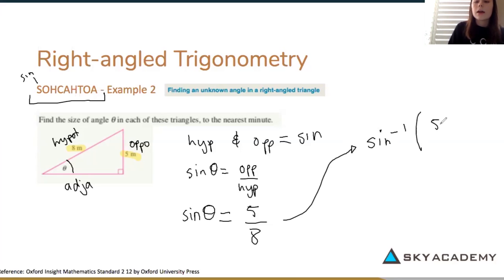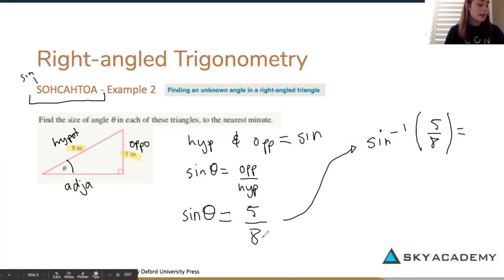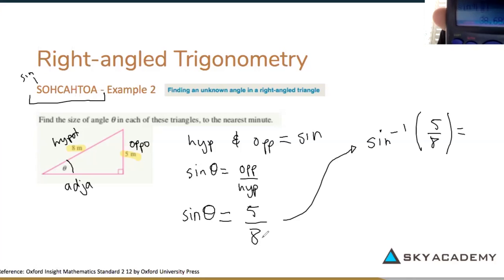Some of you, your school might teach you to do this, sine theta equals 5/8, and then press shift sine and put your answer into shift sine. But I find it easier just to do it all in one go, shift sine 5/8. And when you press equals, you should get an answer of 38.68.